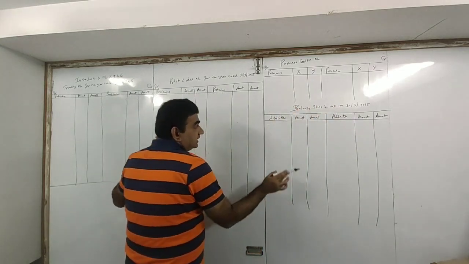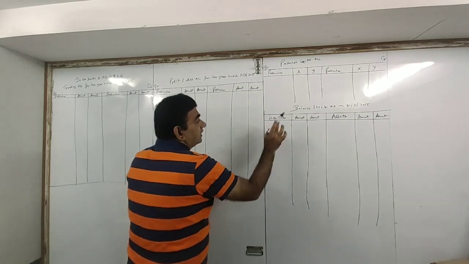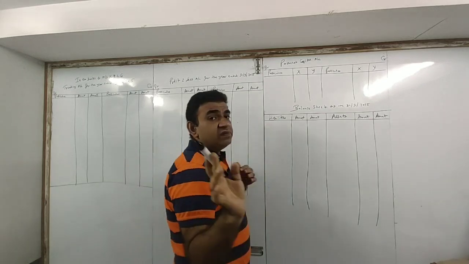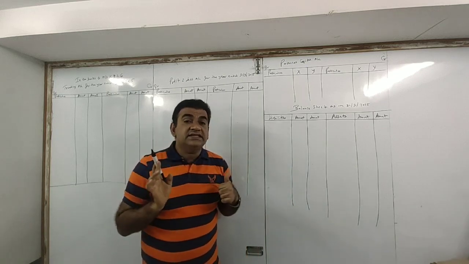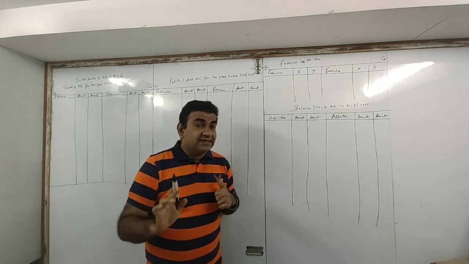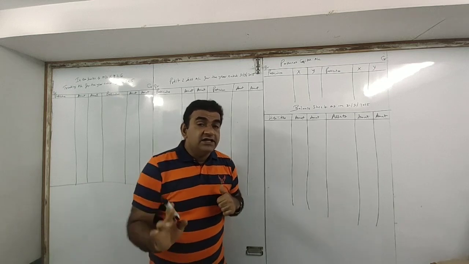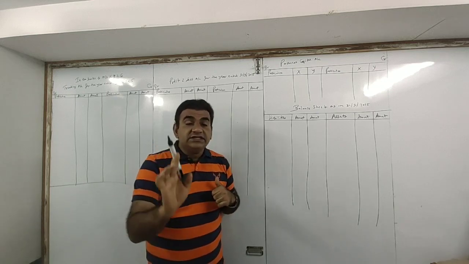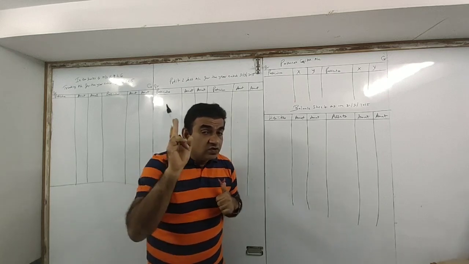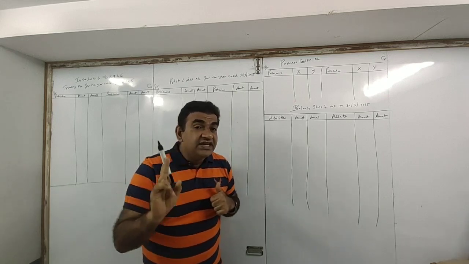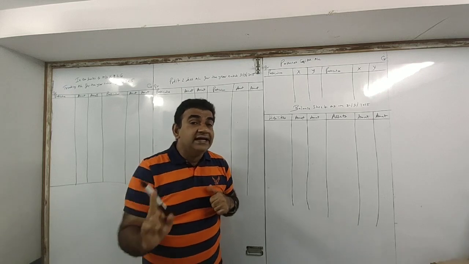And the last thing, the most important part, balance sheet. Very important for objective. What is balance sheet? SYJC का basic. Now understand. It is a statement which shows the financial position of the business. It is a statement. True or false? Balance sheet is not an account. It is a statement.